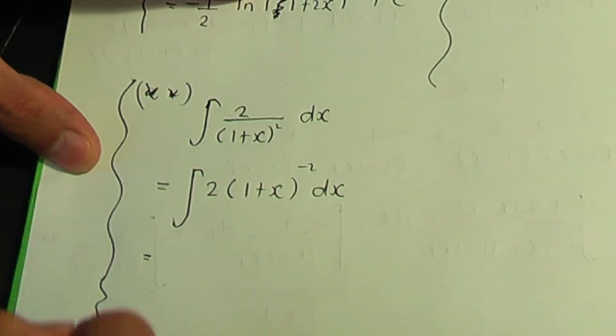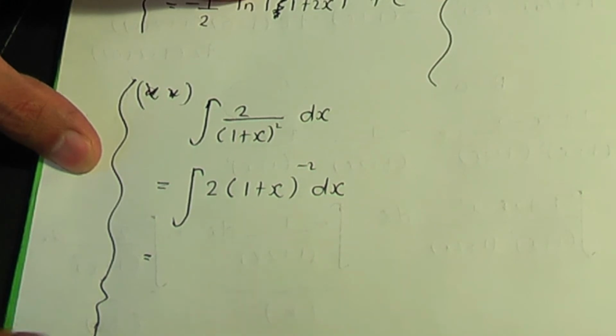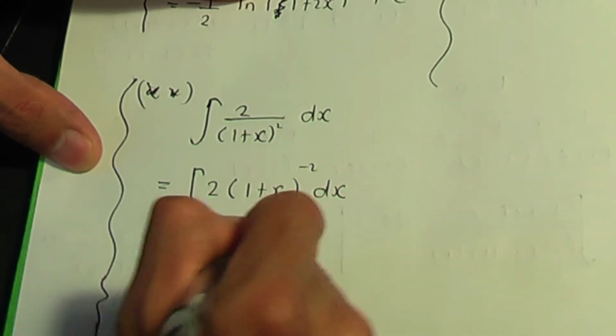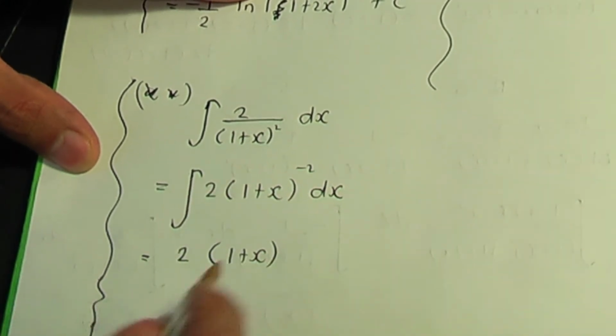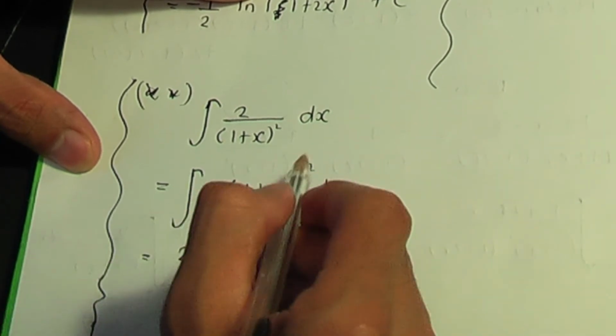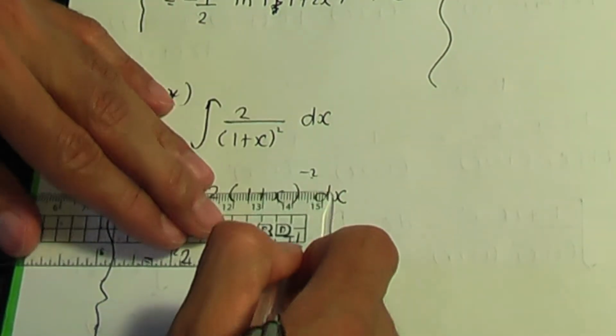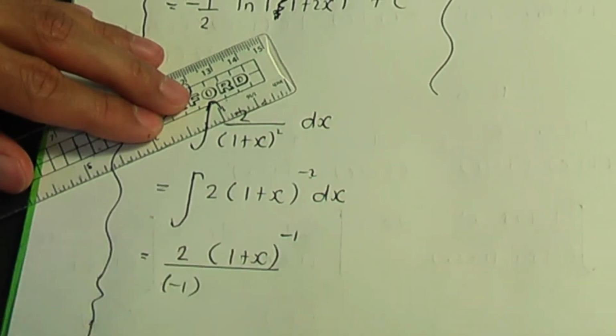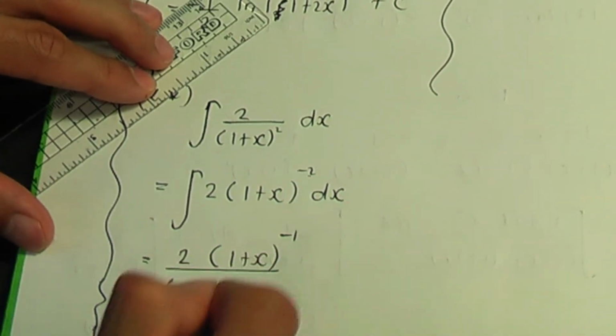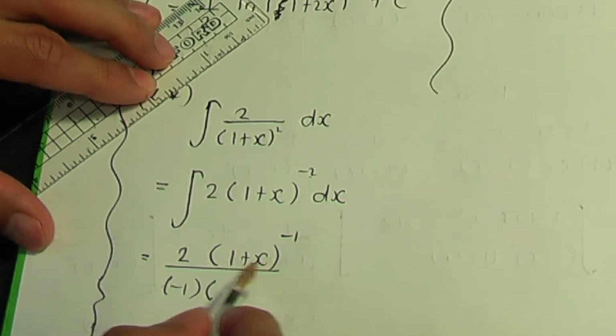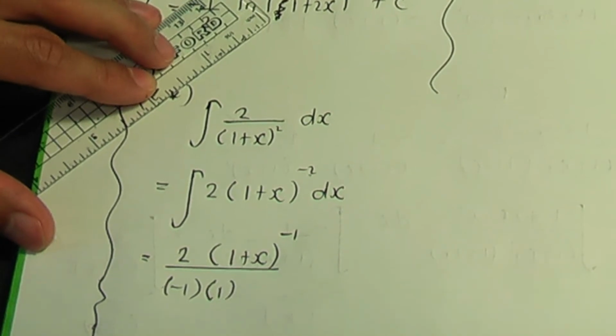So back to the paper and pen. Let's integrate this term. I'll have 2, 1 plus x. If I add 1 to the power, -2 plus 1 is -1. Divide by the -1. Divide by the derivative of 1 plus x. If I differentiate 1 plus x, we have 1.